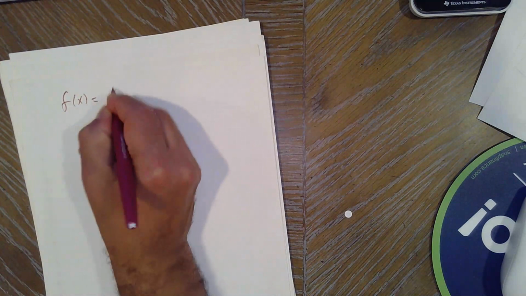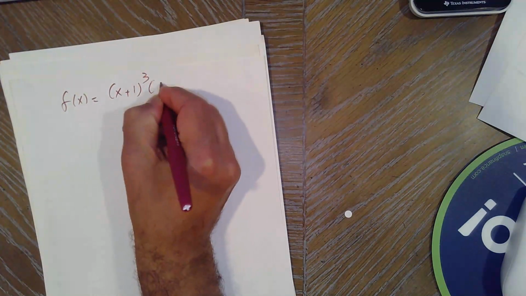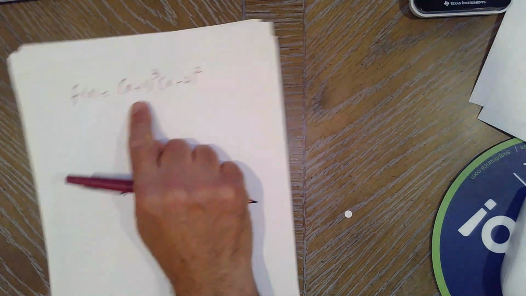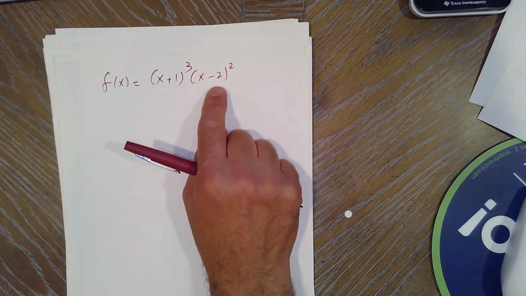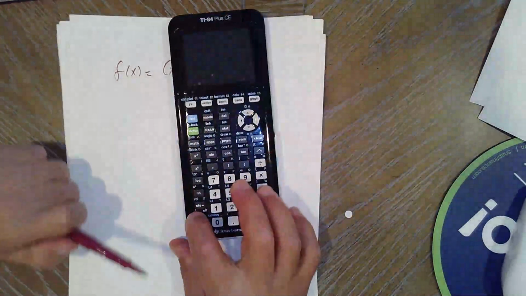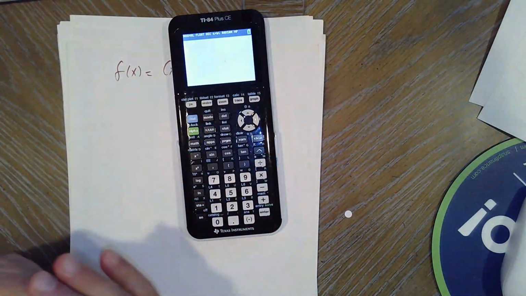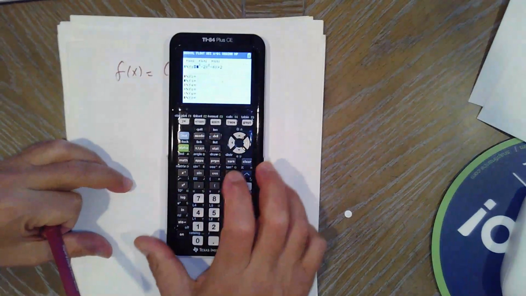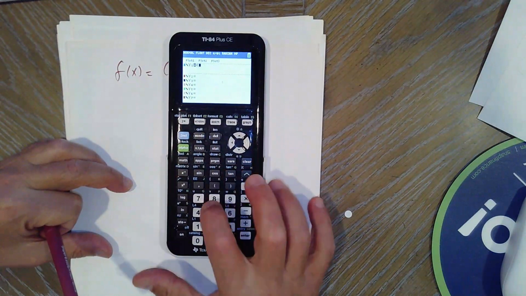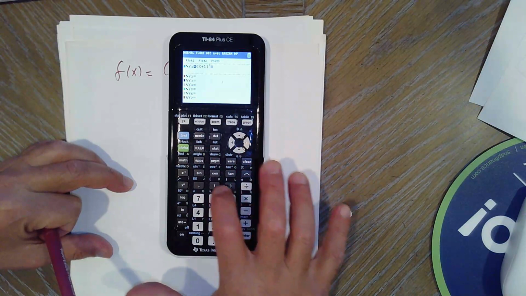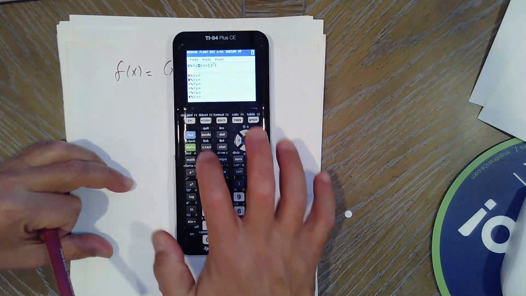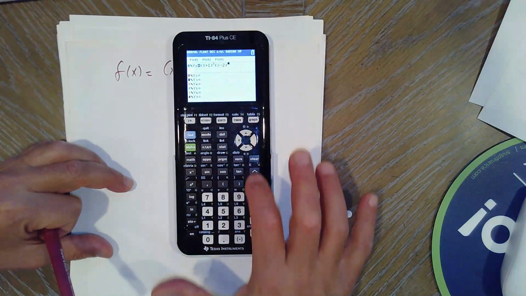Okay. I want to show you that at negative 1, it's going to go through, it's going to hug it there, and then it's going to bounce off. Let's see that on the graph. So y equals (x plus 1) cubed times (x minus 2) squared.